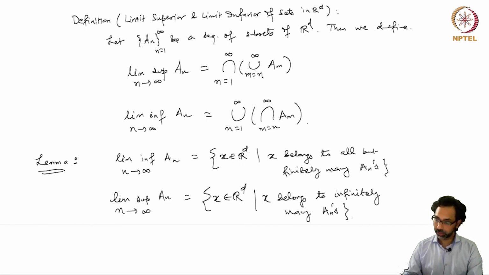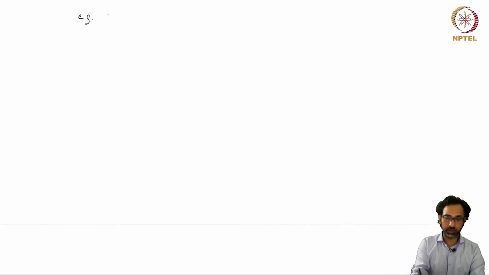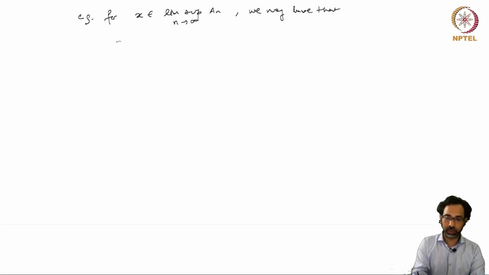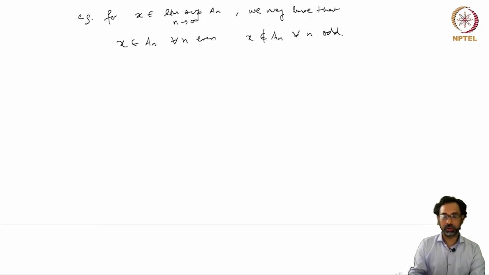For example, for x in the lim sup of A_n, we may have that x belongs to A_n for all n even, and x does not belong to A_n for all n odd. So in this case, there are infinitely many sets A_n such that x does not belong to those sets. So this x does not belong to the liminf, but it belongs to the lim sup.